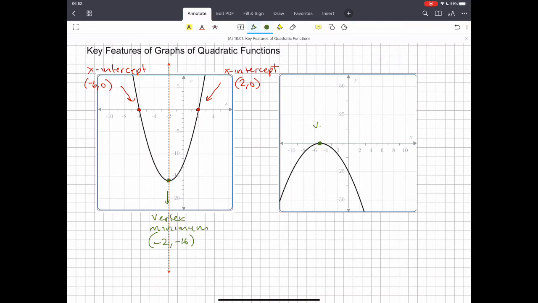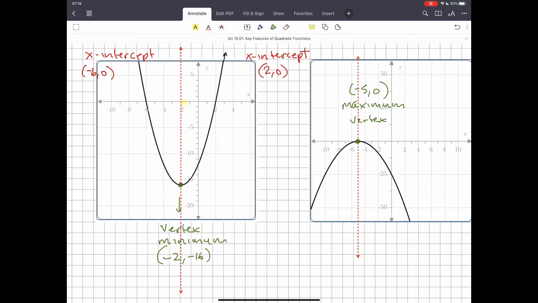Moving over to our graph on the right, we have another vertex. This time, the vertex is called a maximum because it's the peak of the parabola. This vertex is at (-5, 0). That's also our only x-intercept in this case. The axis of symmetry also runs through the middle of this graph.